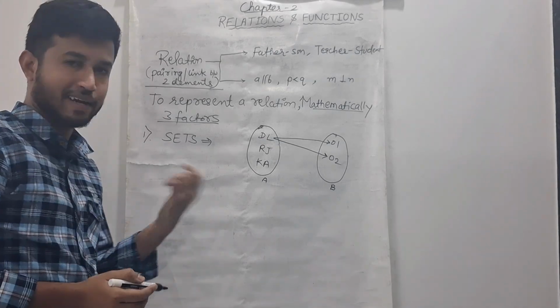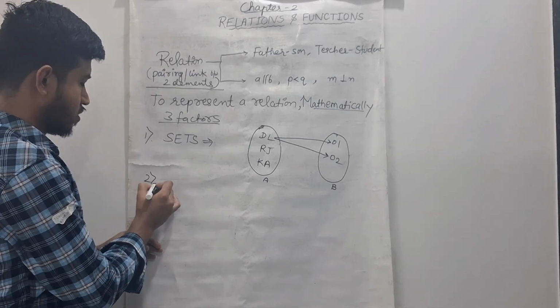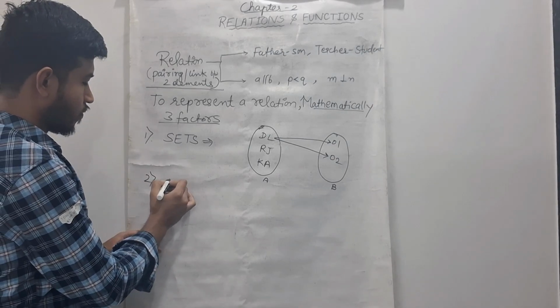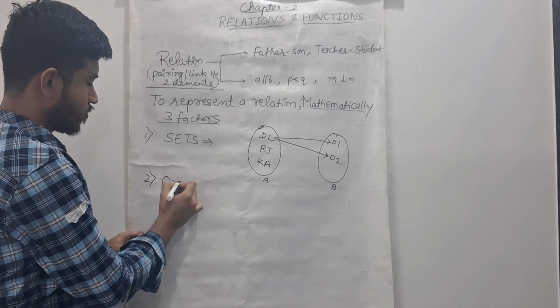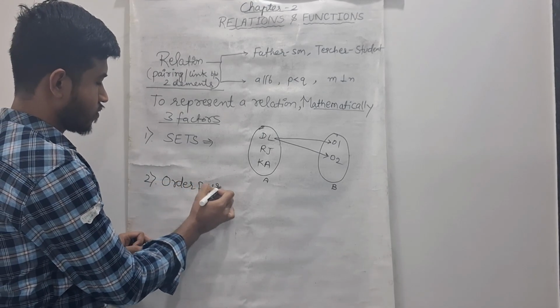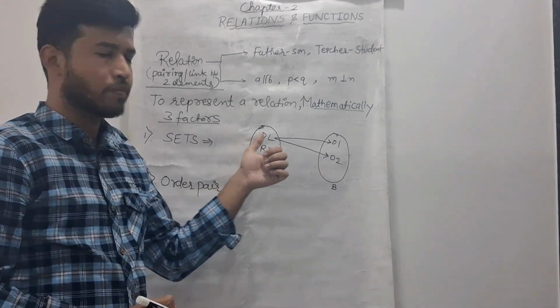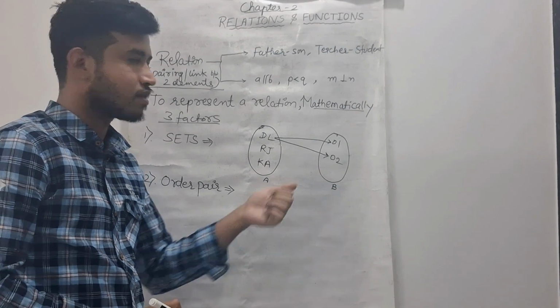This is the first condition in a relation. Now we come to the second factor, second condition: ordered pair. Ordered pair means how we define this relation.